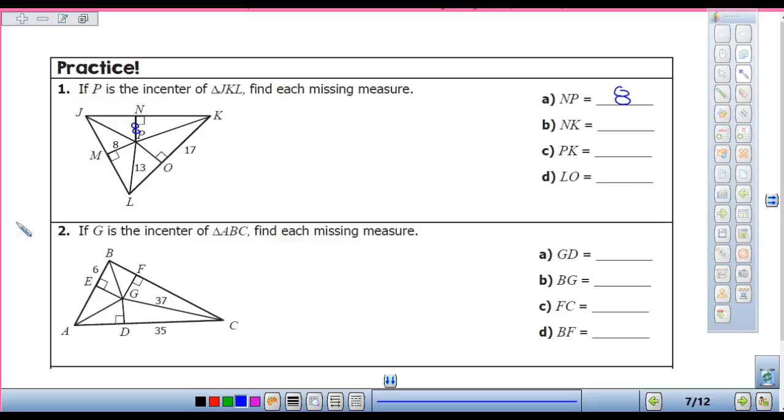Only a circumcenter, but this is an incenter. What else do I know up here? What else do we know? What else can I fill in?